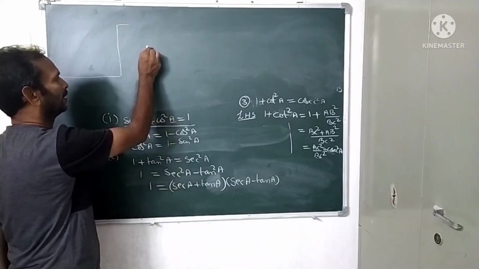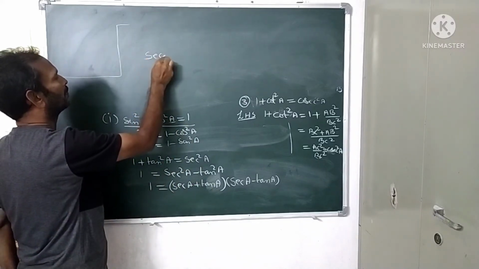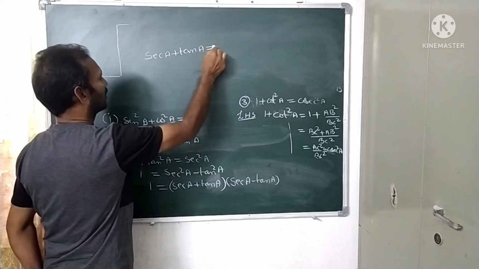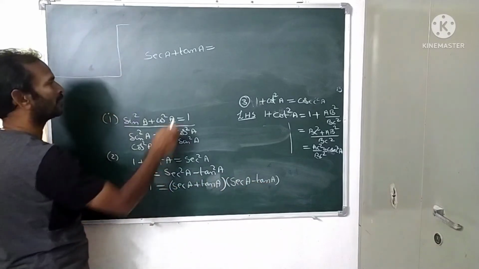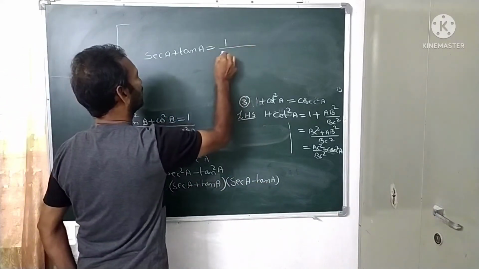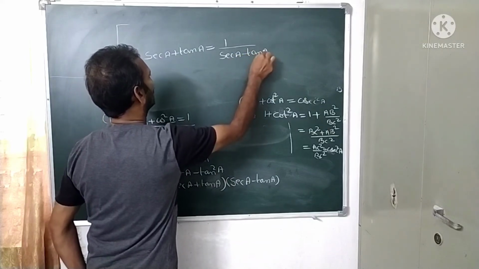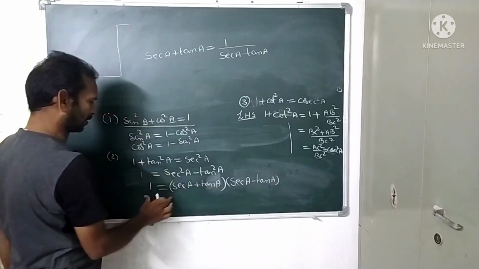From this again, secant A plus tan A is there. Secant A plus tan A is equal to, multiplying this term, transferring this side, what will you get? 1 by secant A minus tan A. Like that, leave secant A minus tan A here and send this to this side.